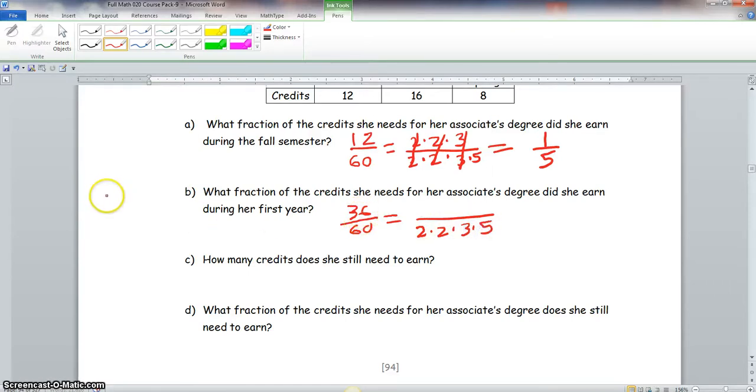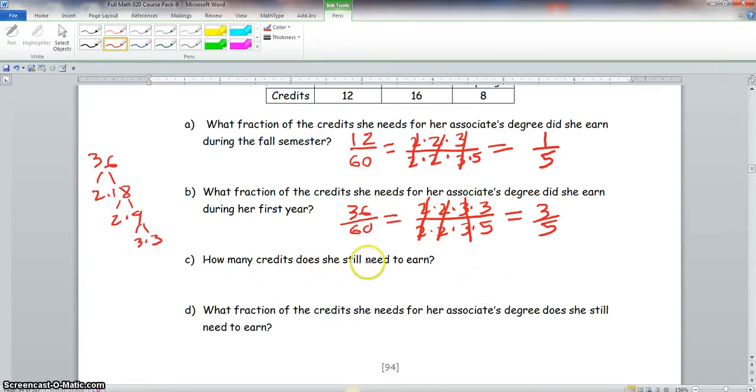Now for our numerator, the 36, I don't think we did the prime factorization of 36. So that's 2 and 18, this is 2 and 9, and this is 3 and 3. So we had 2 2's and 2 3's. Now, these two sets of 2's simplify out, and 1 set of 3's. So this would be 3/5.